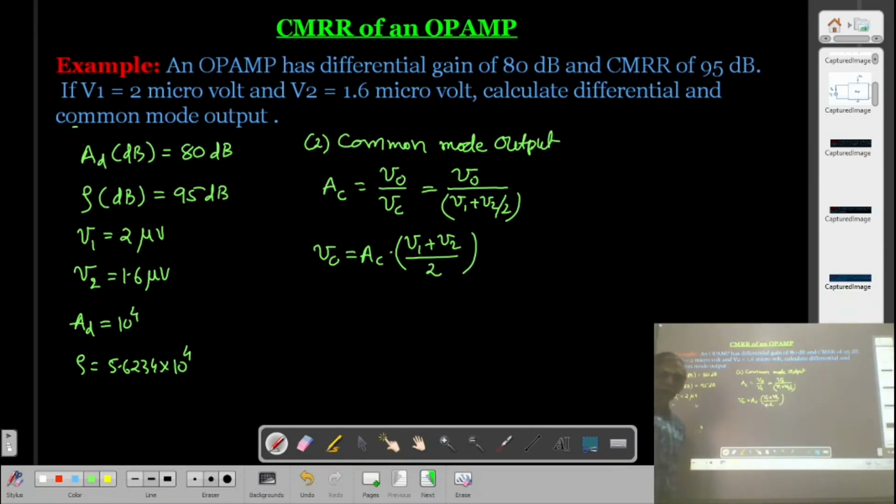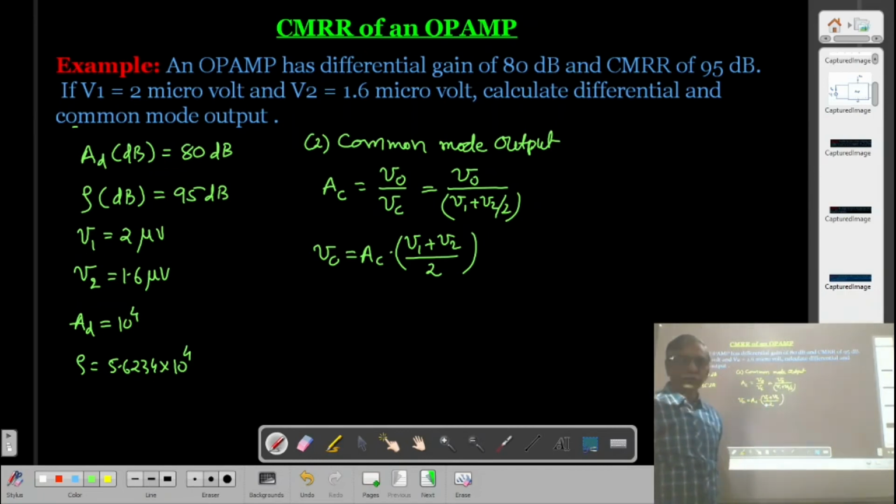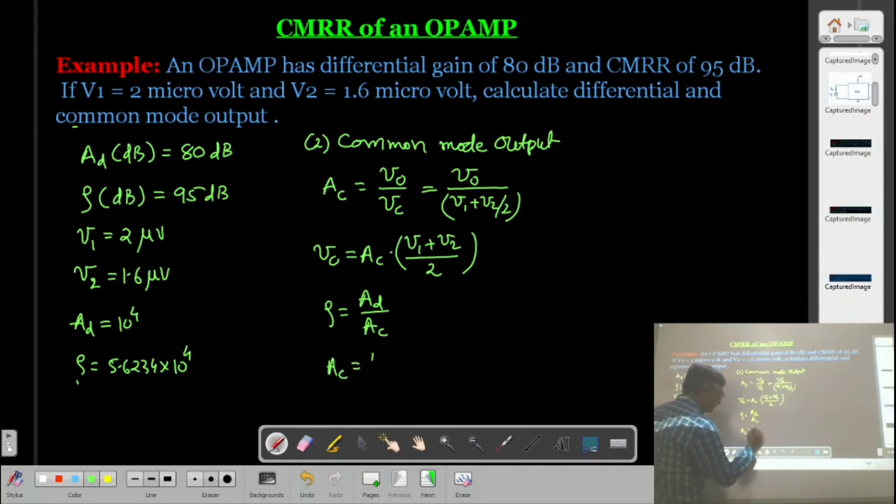But remember, in this example, AC is not given, and that AC we have to calculate using this value of CMRR. So we know that rho is equal to AD by AC, and therefore AC is equal to AD by rho.